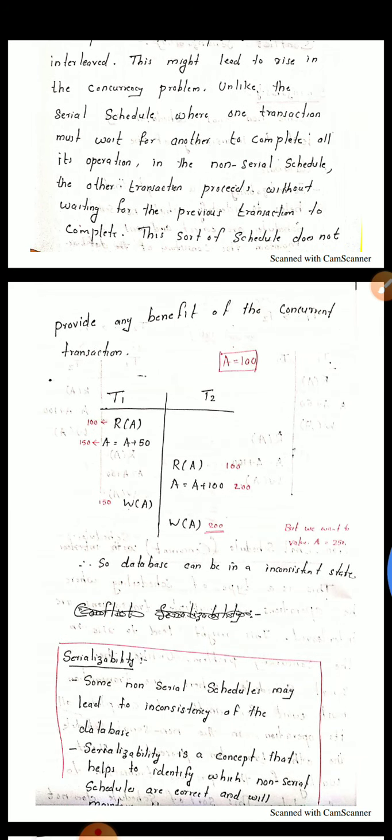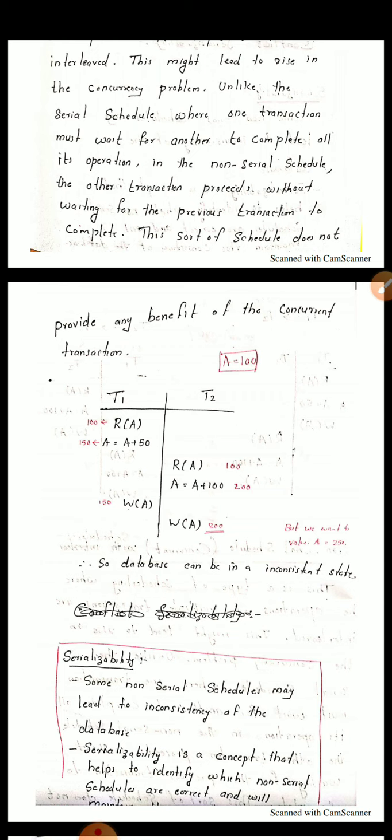Here, T1 and T2. The database item A value is 100; T1 reads that value and updates it with 50. Now the value of A is 150, but the database item is not yet 150, because the write operation has not yet been performed. The T2 transaction reads that value, which is still 100, and updates it with 100, so now the A value is 200.